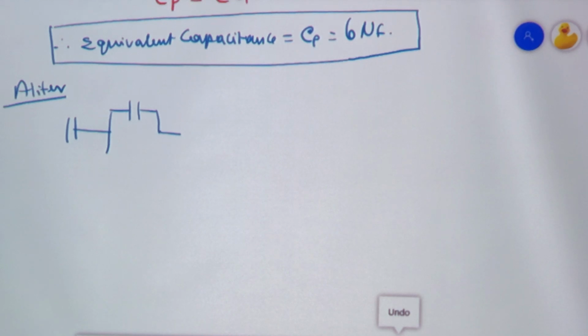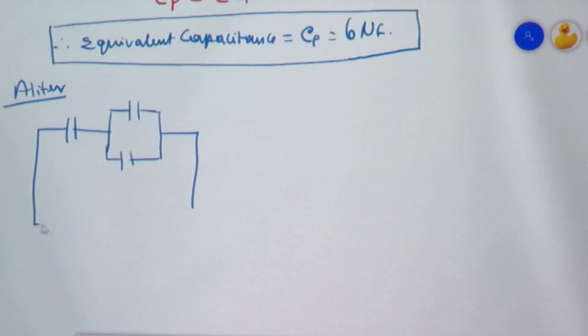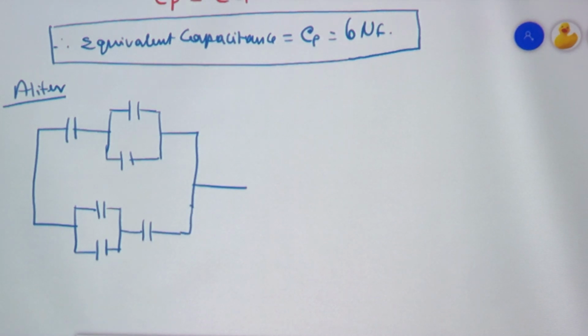So I am having a capacitor like this, isn't it? Then these are taken here. Then here you have 2 capacitors. Then another capacitor. So this point, let us consider it as P, and this point, let us consider it as Q. How to simplify this?